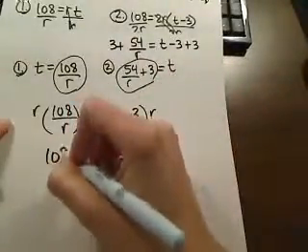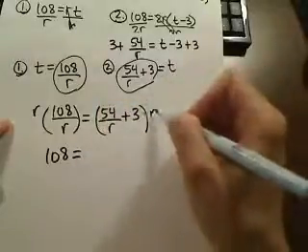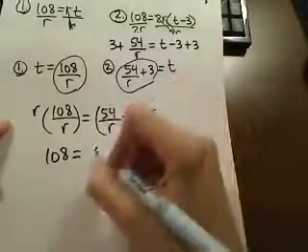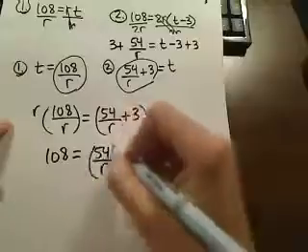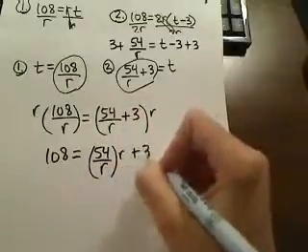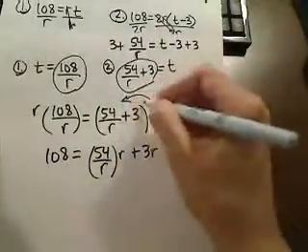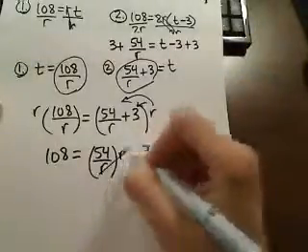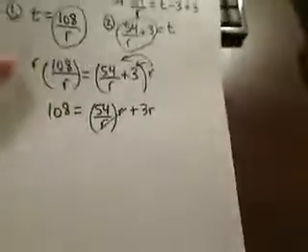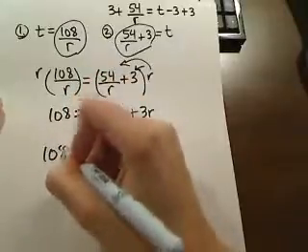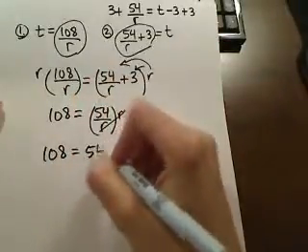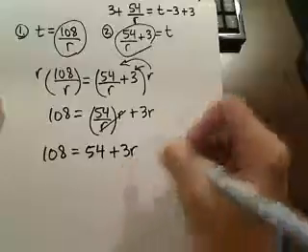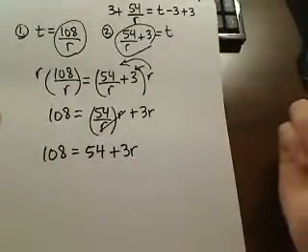So I'm going to have 108 equal to, over here, if I distribute the r, 54 over r times r plus 3r. Okay, and these r's will cancel, and what we're looking at is 108 equal to 54 plus 3r.